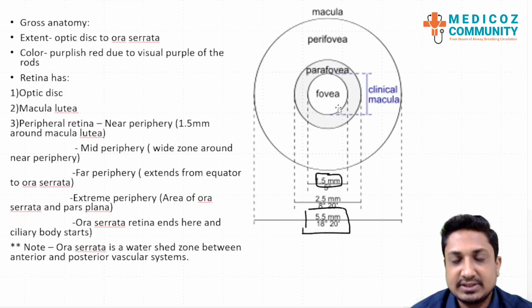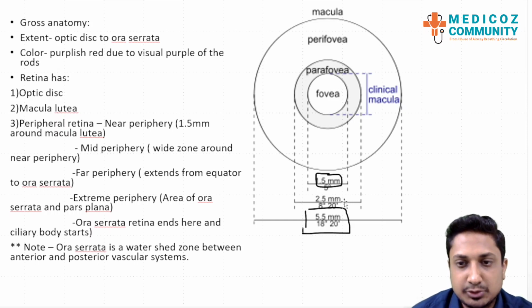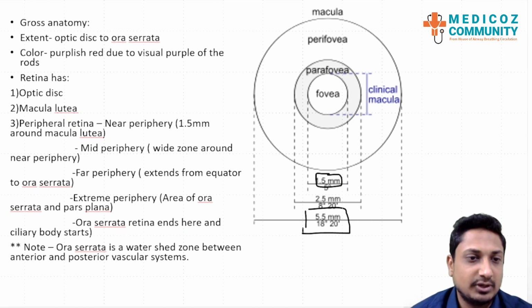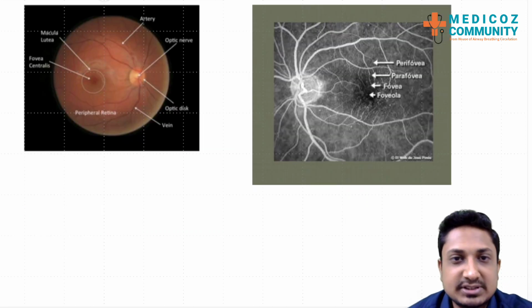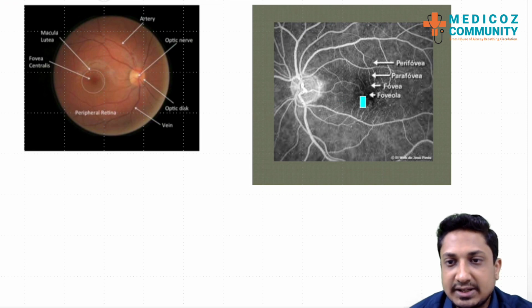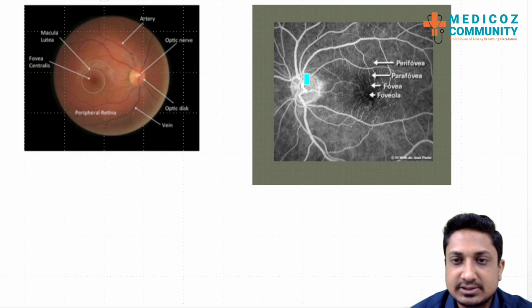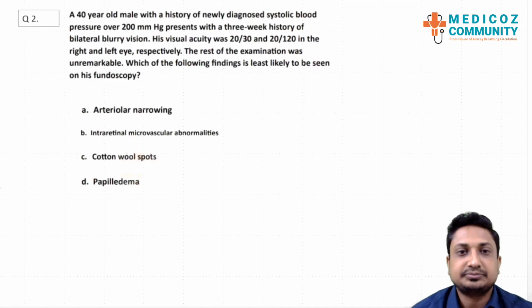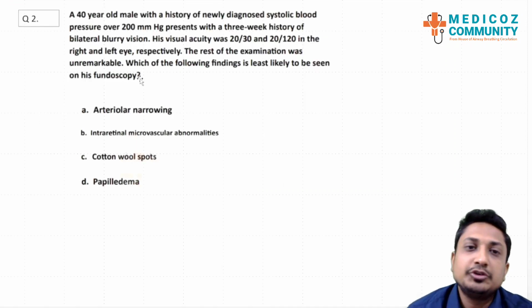As we saw, the fovea length is 1.5, the parafovea completes it to 2.5, and the rest of the length comes to 5.5 in the macula section. This image shows that the center part is the foveola, and grossly the superior and inferior arcades cover the macula. This whole part is macula. Okay, so moving on to next question.